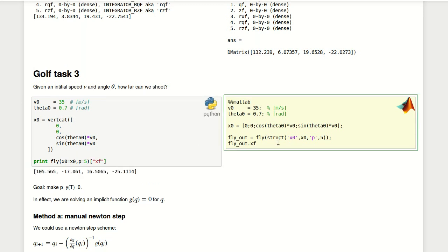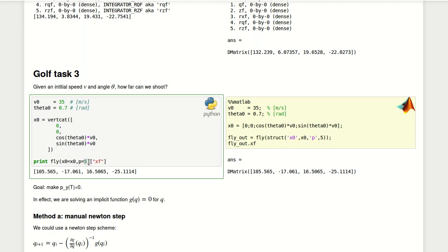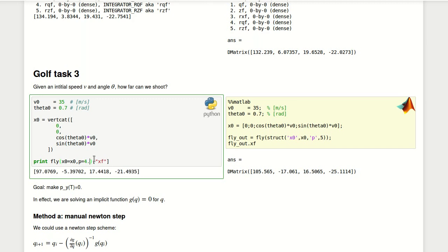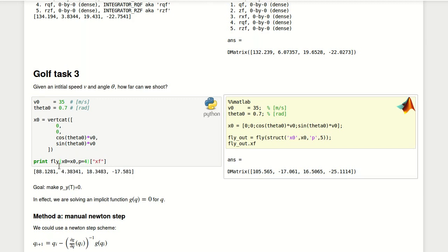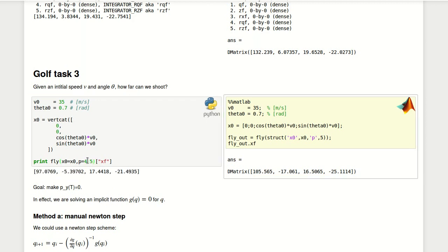You will end up quite a lot further, like 105 meters, and a little bit below the ground, which is of course impossible. So what we want to do is find the amount of time we need to reach the ground. So let's take 4. Now we end up above the ground. Let's take 4.5, below the ground.